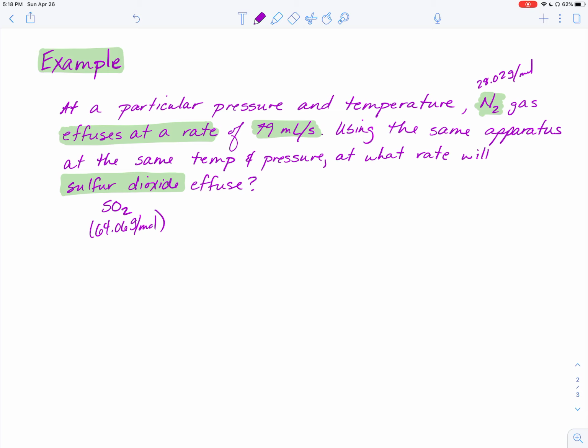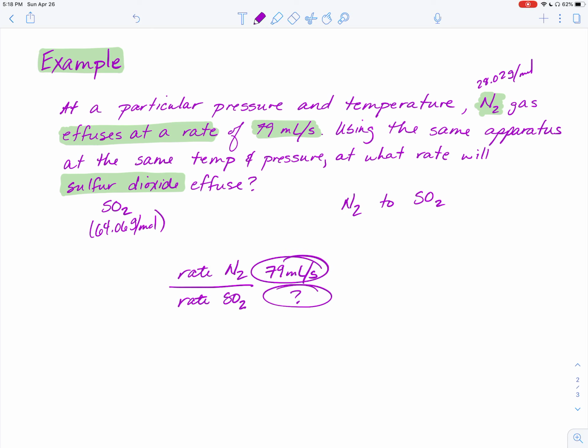We're looking at the rate of nitrogen to SO2, so the rate of N2 over the rate of SO2. We know the rate of N2 is 79 milliliters per second. What is the rate of SO2?